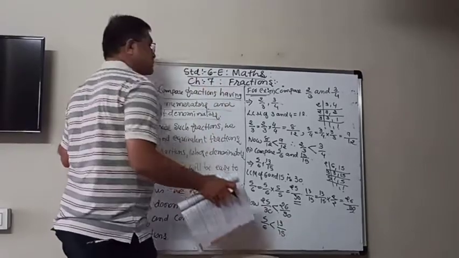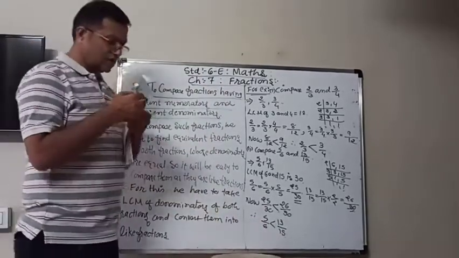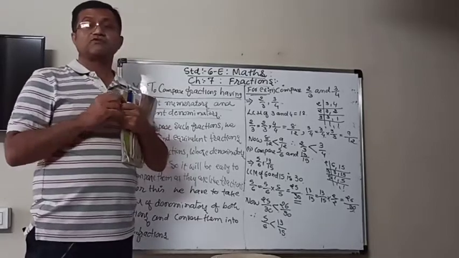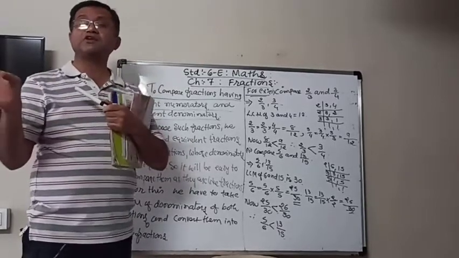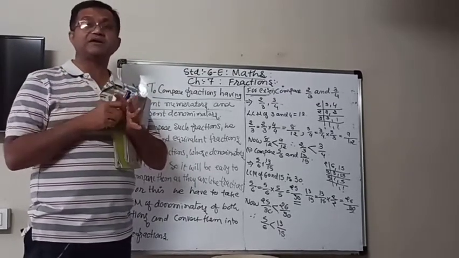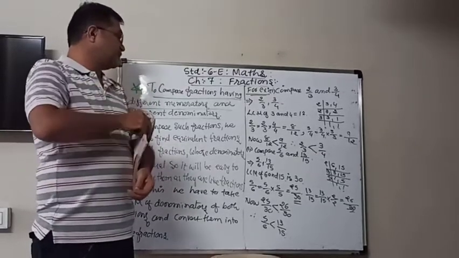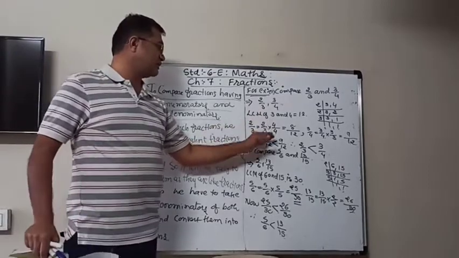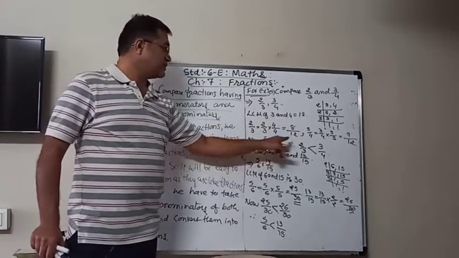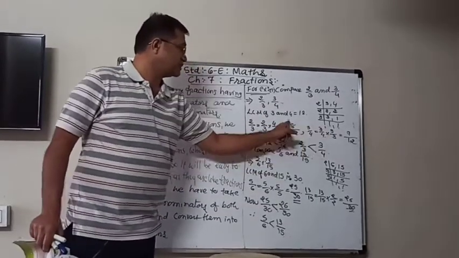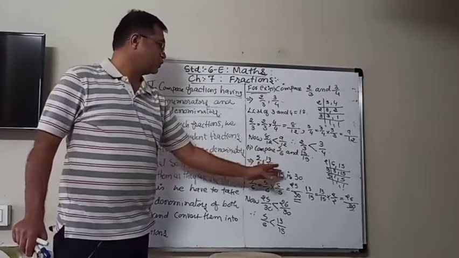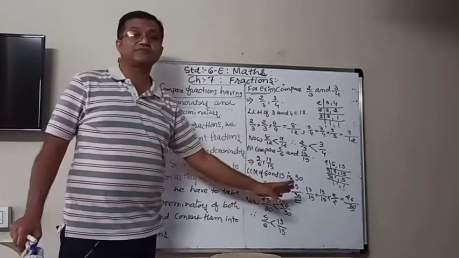So whenever we have to compare fractions which have neither the numerator nor the denominator equal, means different, we have to take the LCM of the denominators and convert them such that they become like fractions, and then it is easier to compare them like this.